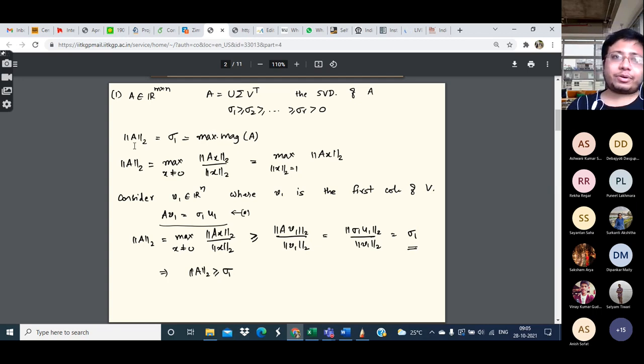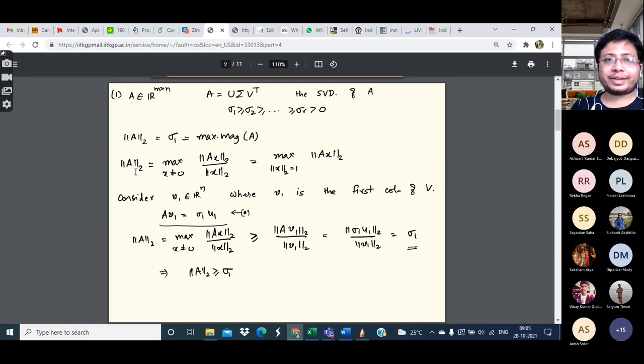Now a matrix also has other kinds of norms defined on it. The most well-known kind of norm on the matrix is sometimes known as the operator norm, and sometimes it's called the 2 norm also. So the 2 norm or the operator norm of the matrix is denoted like this. If this were a vector, then this notation with the 2 as the subscript would have indicated the L2 norm.